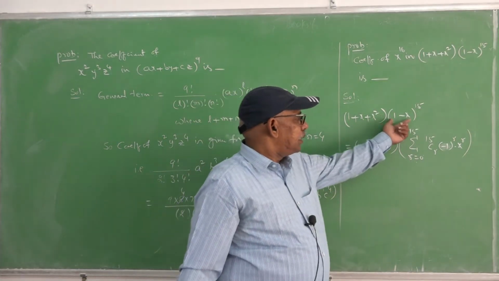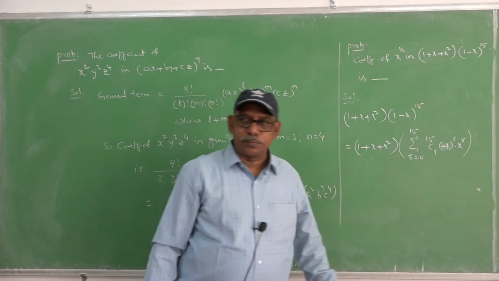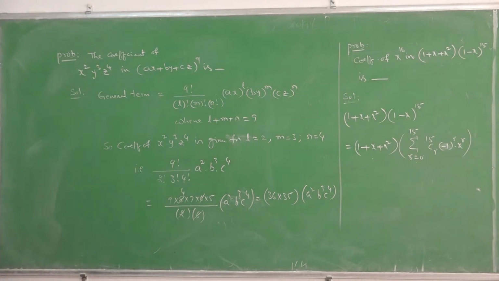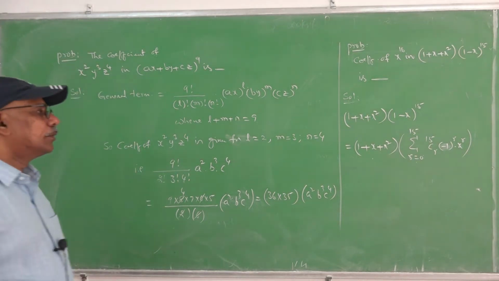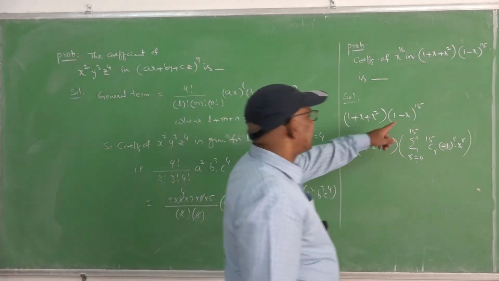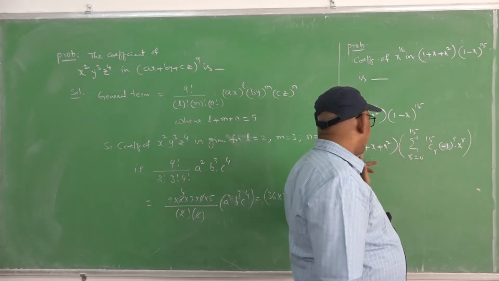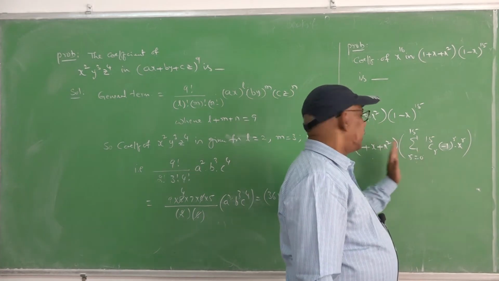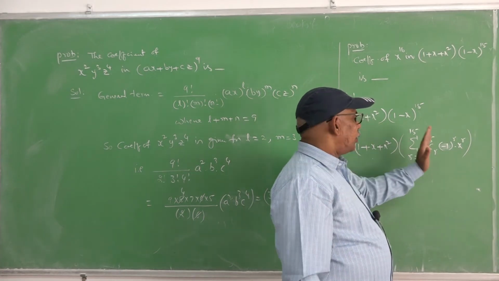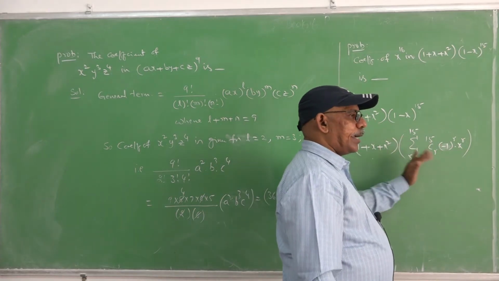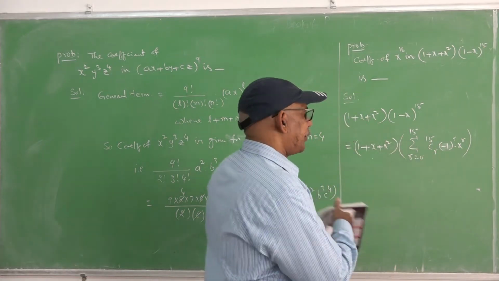Write this one in binomial expansion form, in summation form of the expansion. So once you write this binomial expansion, you will get this one. Now multiply the summation with 1 and x square. That means you are multiplying each and every term of this expansion with 1 and x square individually.